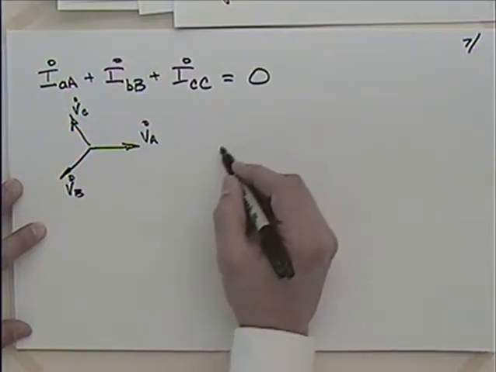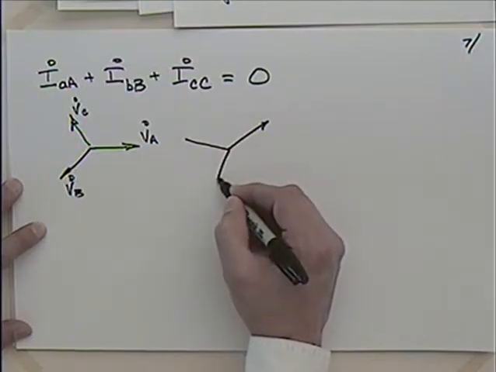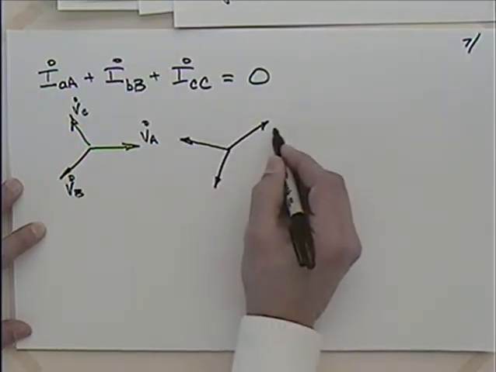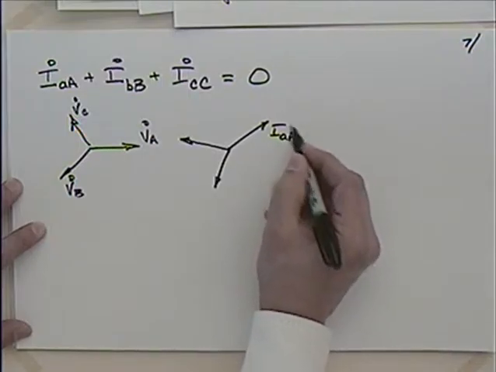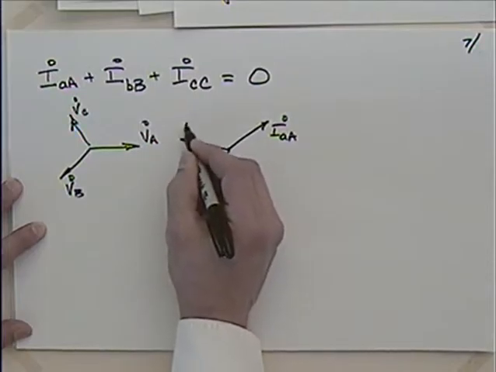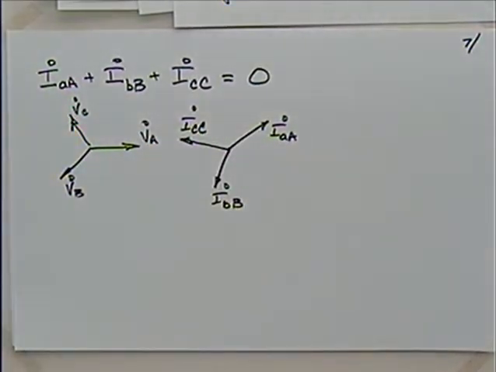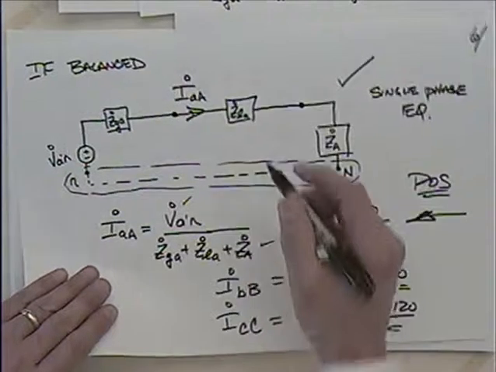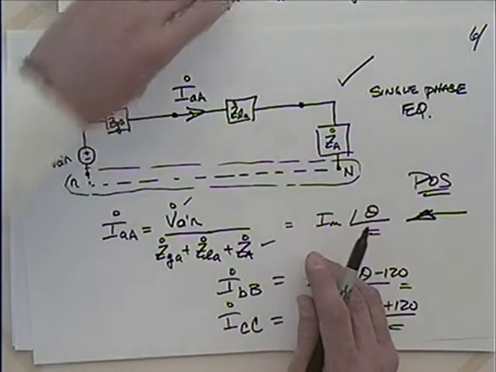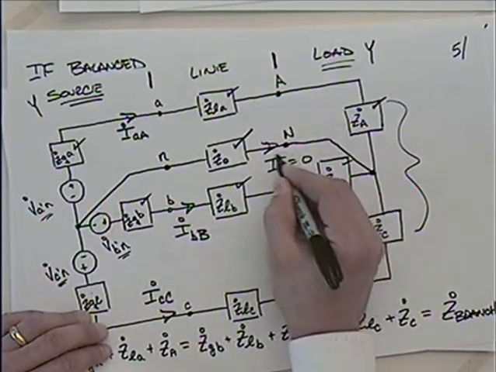And then the current one would just be shifted by theta. Let's say it's a positive shift, so I'll have something like this. So there's I_aA, there's I_bB, and there is I_cC. When you add those up, what does it have to be? Zero. Yeah, ideally we're not going to have any current, not necessarily in this one, but in here, we are hoping that this current is equal to zero.